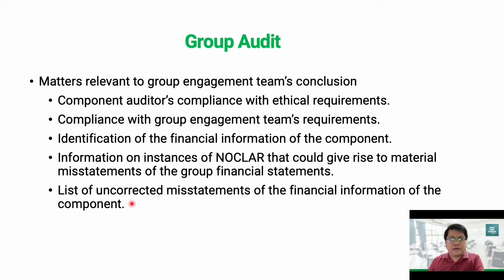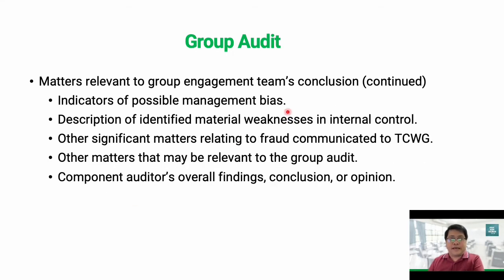We also ask for a list of uncorrected misstatements of the financial information of the component being audited by the component auditor. We ask for communication about indicators of possible management bias, and any description of identified material weaknesses related to internal control over financial reporting.